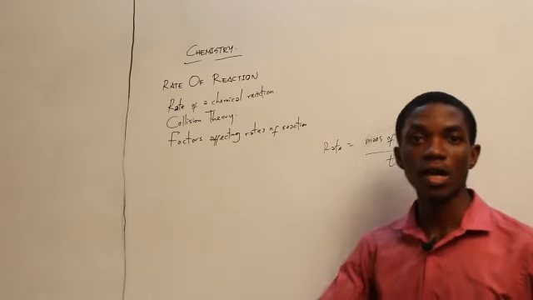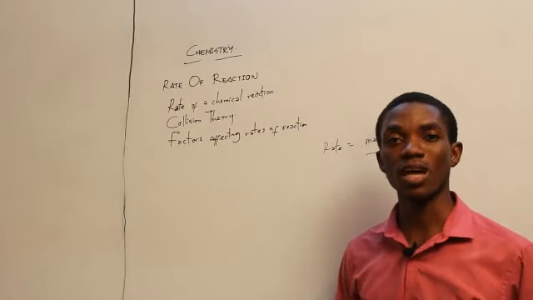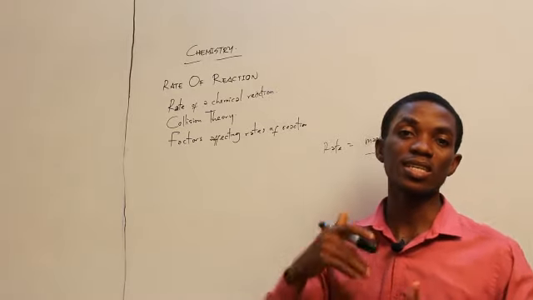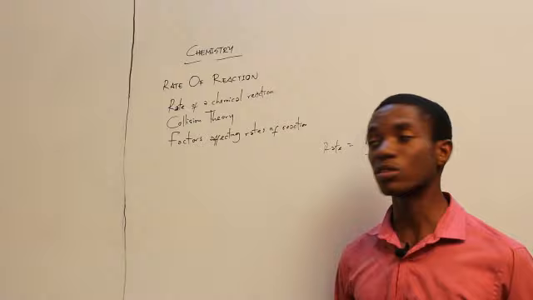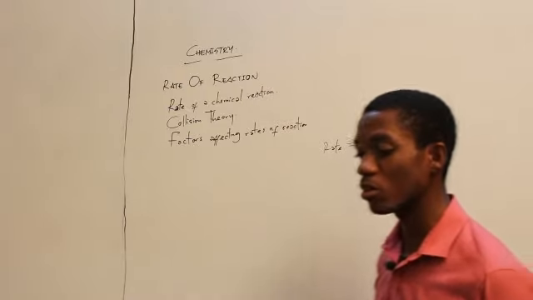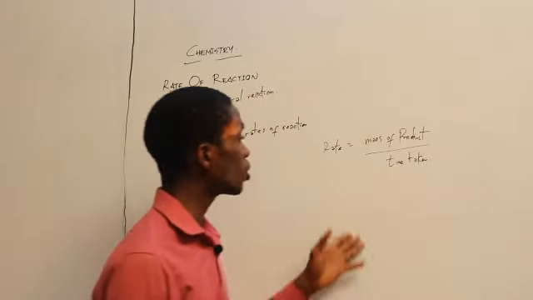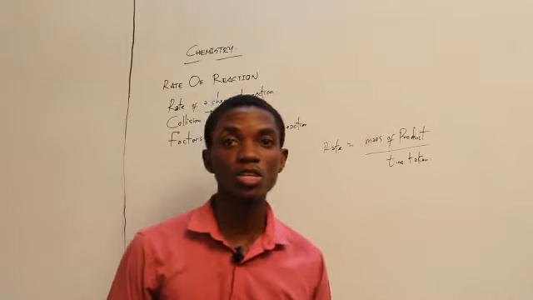So as the products are being produced, how much product is being produced within a certain duration of time? That is simply what we're looking at when we talk about the rate of chemical reactions.